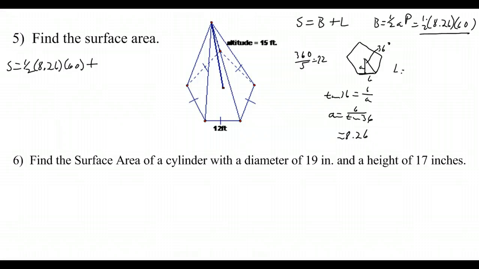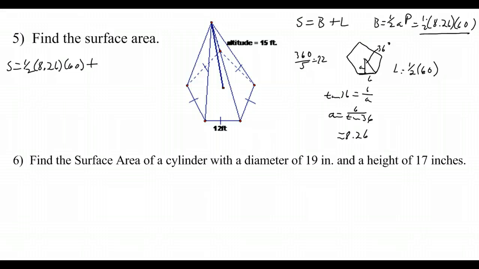My lateral area in this case is 1/2 the perimeter, which we already found is 60, times my slant height.